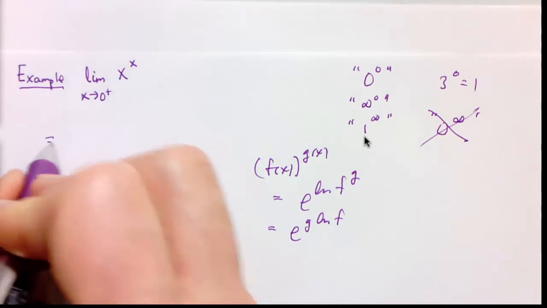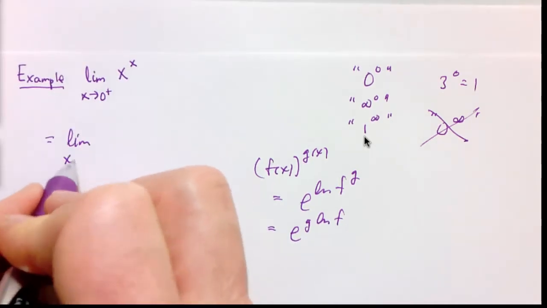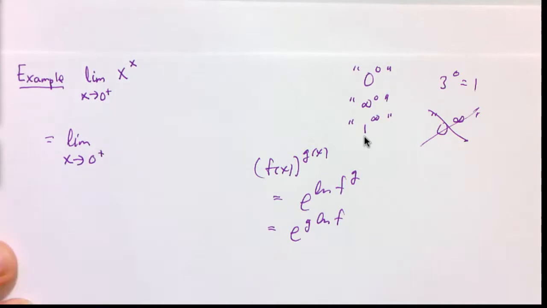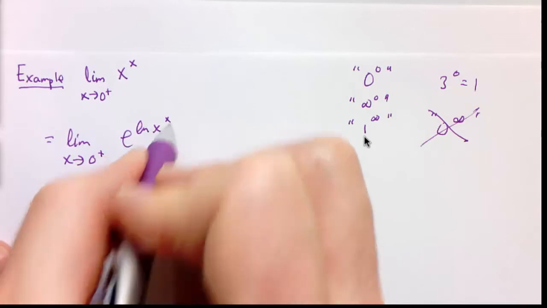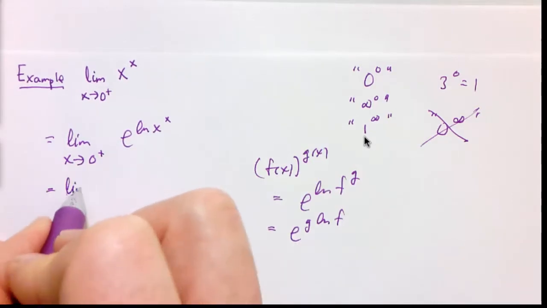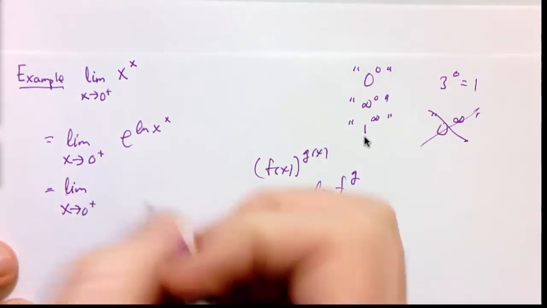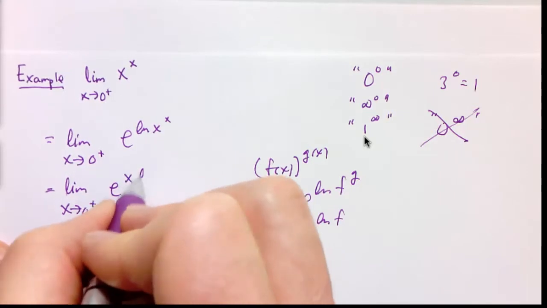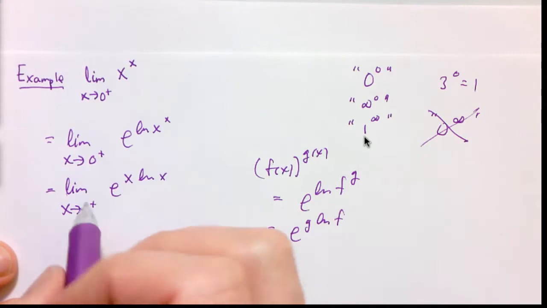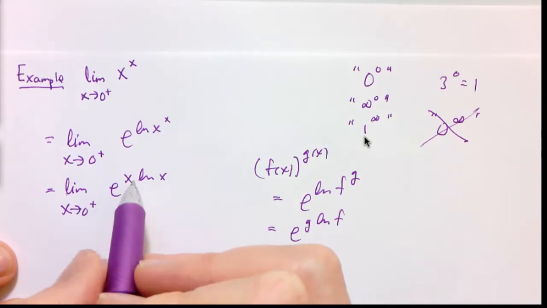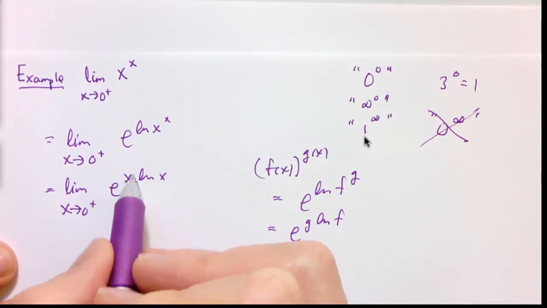So we're going to take this guy and write it as, and that doesn't appear to help, but we'll see where this goes. Right. E to the natural log of x to the x is the limit as x goes to 0 from the right of e to the x natural log of x. And now look at this. Ignoring the e for a moment, x is going to 0.